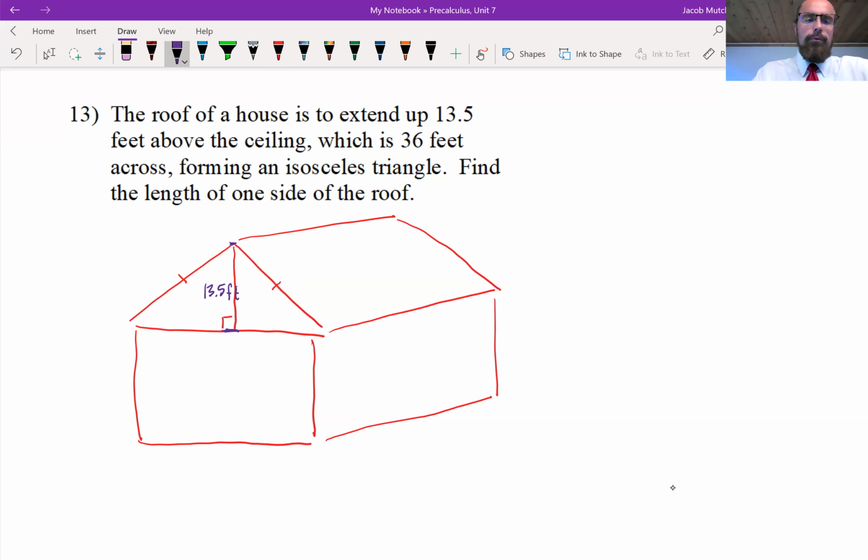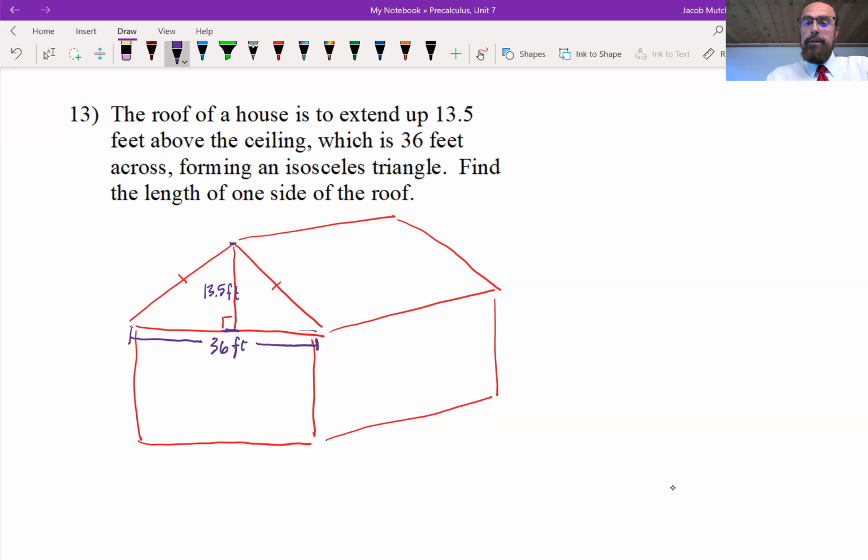I also know that the roof itself is 36 feet across. So the full length of the roof is 36 feet. And our task is to discover what's the length of one side of the roof. So these are the same lengths. Essentially, I want to find this length here.